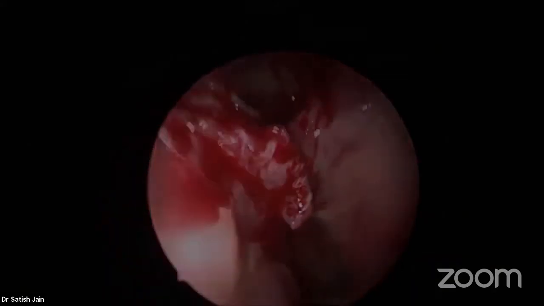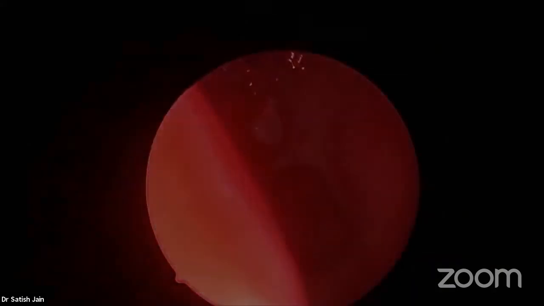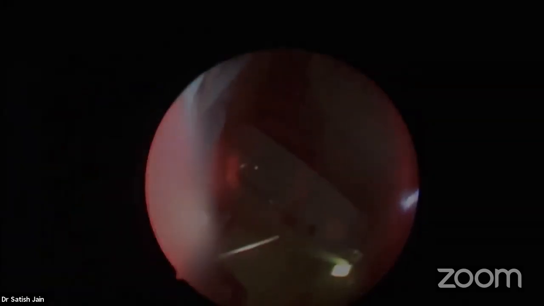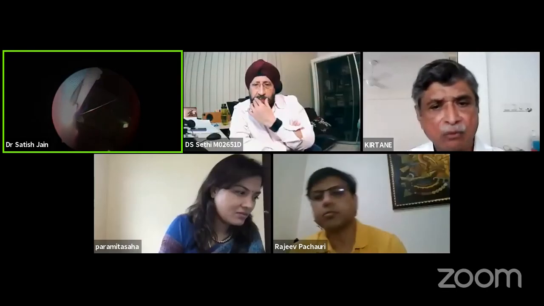In this case, Satish, can I just make a comment here? Yes, sir. Yes, please, sir. I think what you demonstrated beautifully is that you went for the sphenoid first. I think one thing to do is to widen the ostium of the sphenoid quite generously and go right up so that you identify the skull base already in the roof of the sphenoid.